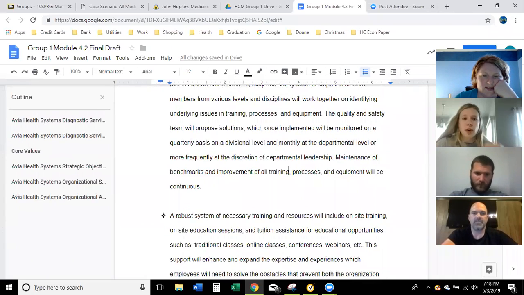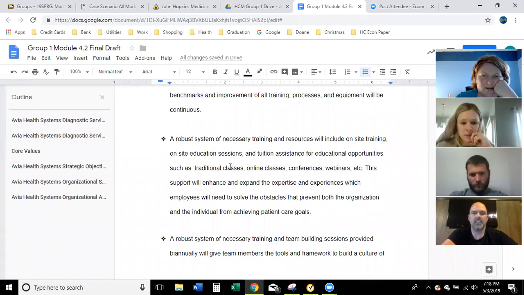Yeah. And I wasn't sure about the training and the tuition assistance. I wasn't sure if that's where she meant cost, but that would be built into the soft benefits. It is at my work. Yeah, you're right, Haley. So I don't necessarily think that needs to be included.